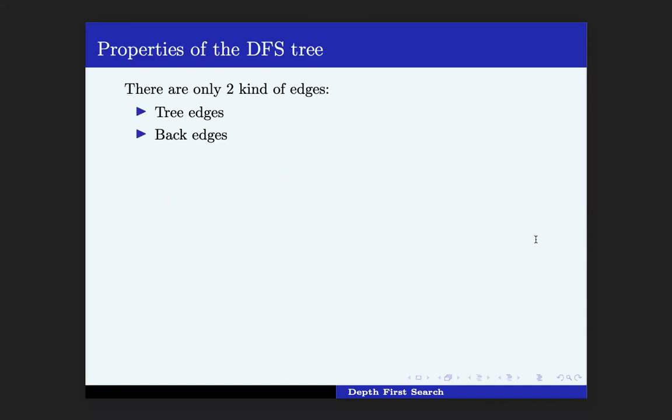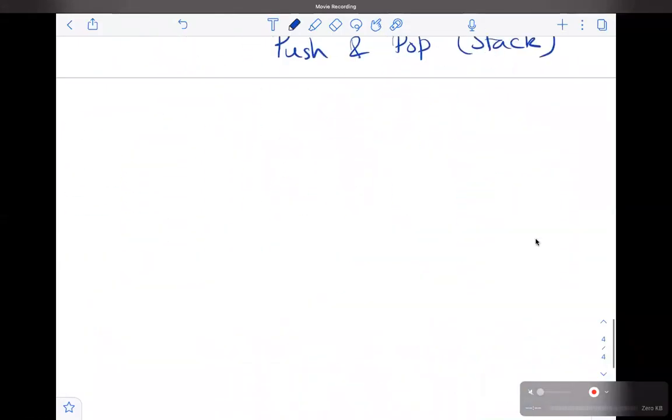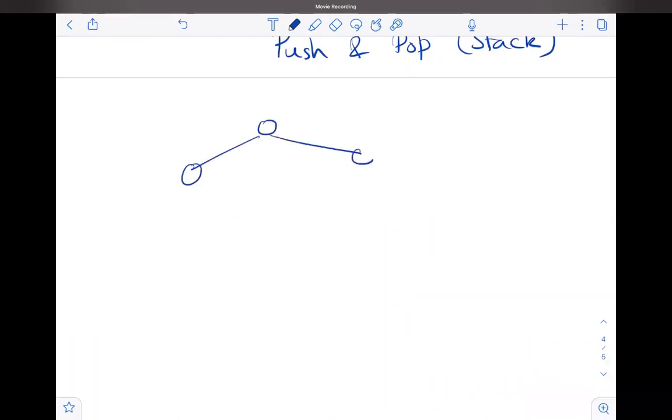Now the DFS tree has some nice properties. Let me draw a couple of trees and let me ask you guys. Say this is the graph over here.